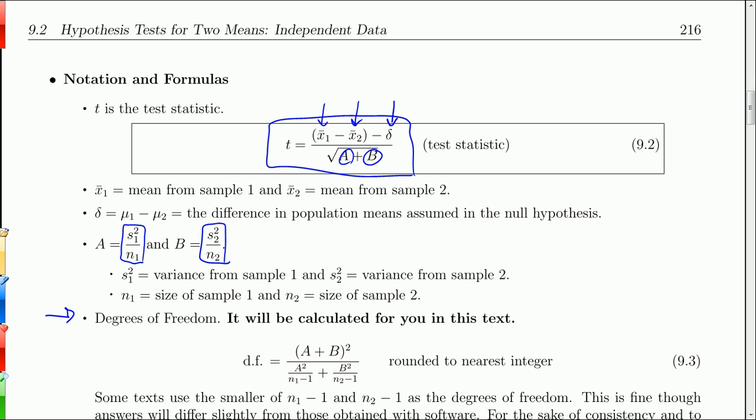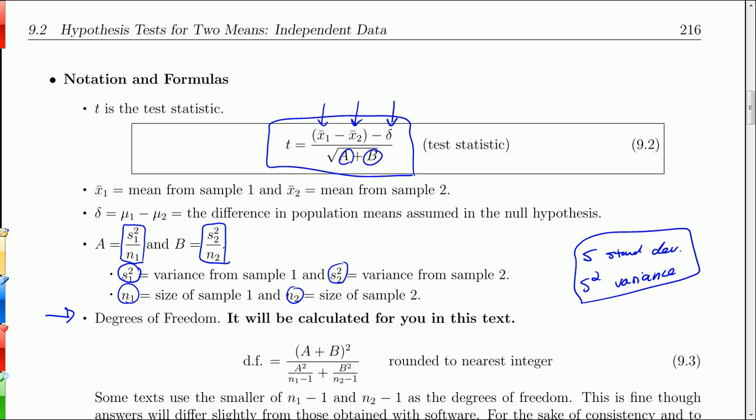By the way, n1 is the sample size for the first sample, and n2 is the size of the second sample. And s1 squared, s2 squared, those are just the variances. S is standard deviation, and if you square it, s squared, you get variance.